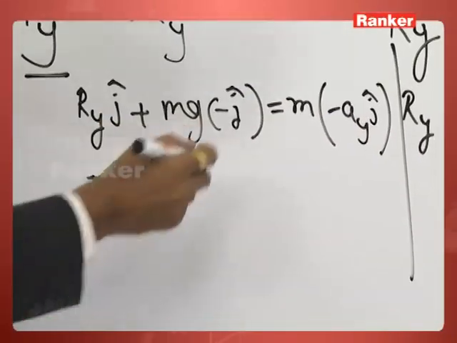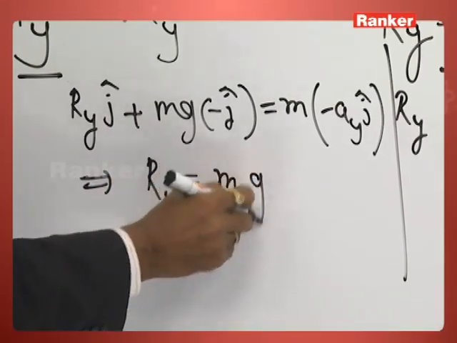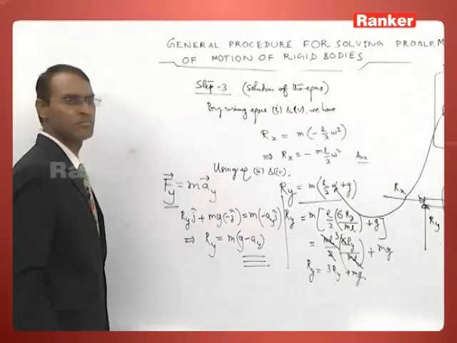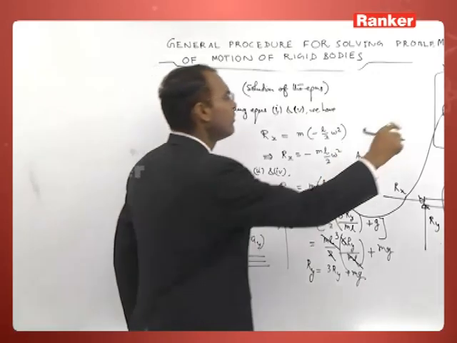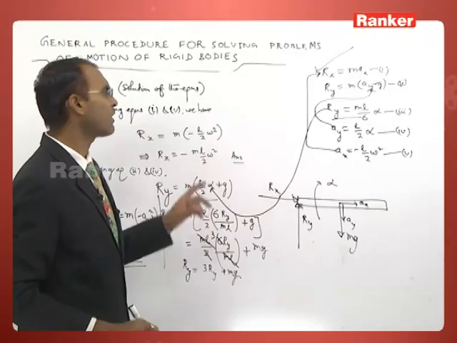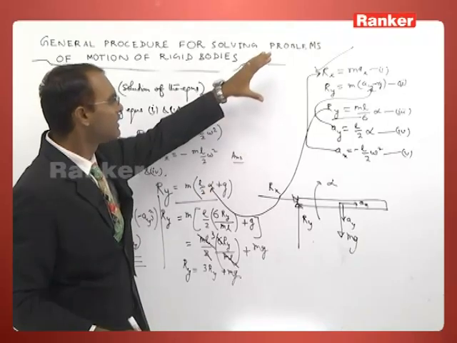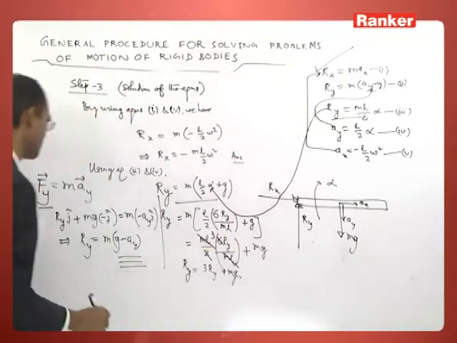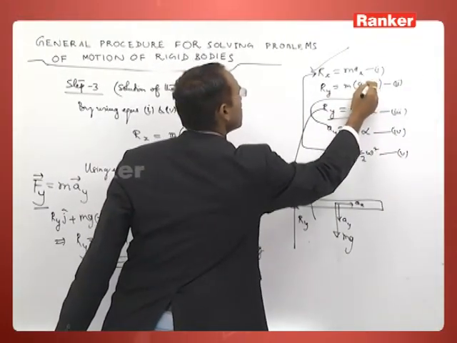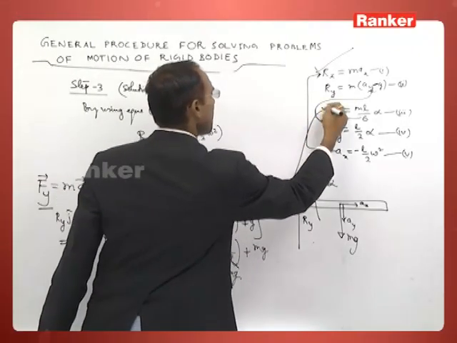If you simplify it, you will get Ry is equal to m into g minus ay. There is a problem here. Therefore, we have to rectify it. Sometimes we get a wrong equation. So, before you solve the equations, it is better to check the equations again. So, we have Ry is equal to m into ay minus g, and other equations are absolutely correct.